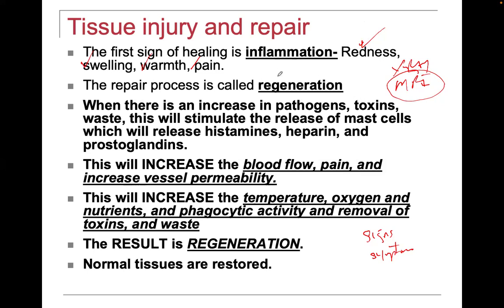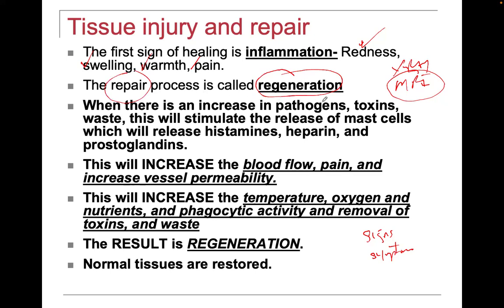And that's because of the different type of chemical mediators that are released. But the end result of inflammation is eventually repair and regenerating new cells and tissues. So we go through inflammation so we can repair.